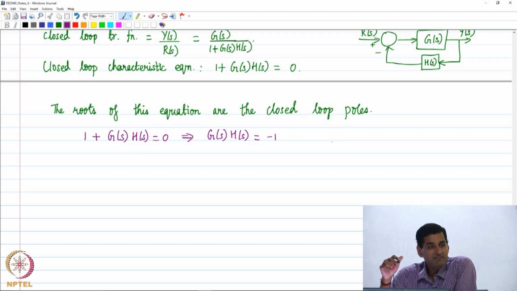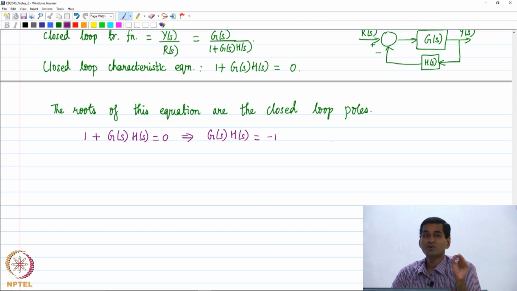That any value of s that makes the value of the open loop transfer function to be minus 1 is a closed loop pole. Do you agree? Correct. So that is another way of interpreting when a value of s would qualify as a closed loop pole, and we are going to use this repeatedly to our advantage, as we will see shortly.